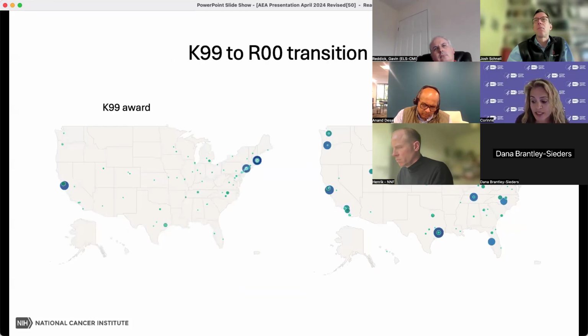One other thing that we see is this award allows for mobility of K99 awardees. K99 awardees are actually the most flexible or have the highest mobility of all our awardees. And we kind of term this a golden ticket.